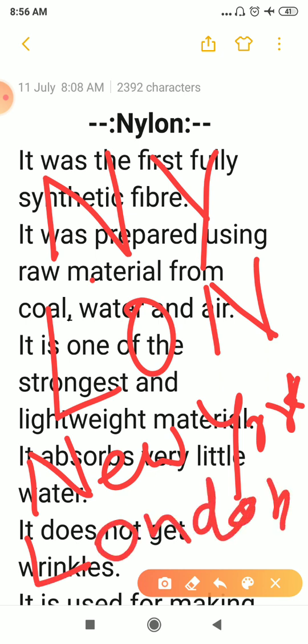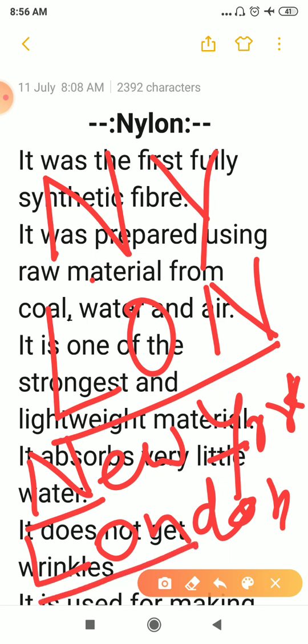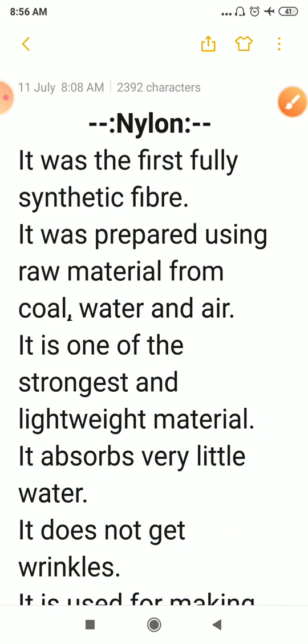The first letter of nylon, N, is from New, the second, Y, is taken from York, and the last three letters are taken from London, LON. This is the story behind the name of nylon.